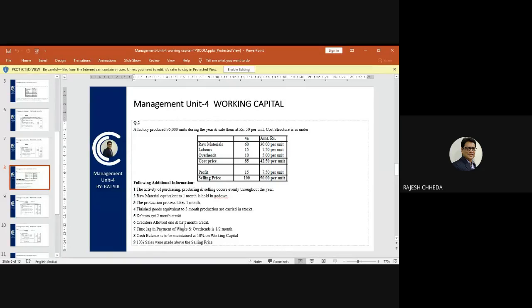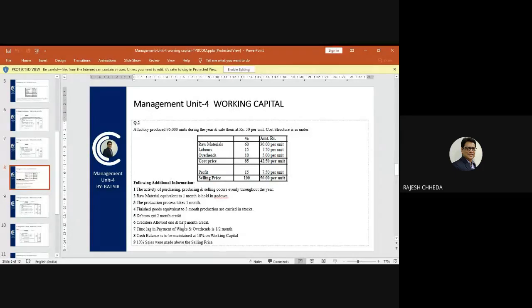To understand, 7,200 units were sold at the rate of 50 rupees and 800 units were sold at the rate of 55 rupees. So your total sales will be calculated accordingly, and debtors' calculation is based on the sales price.